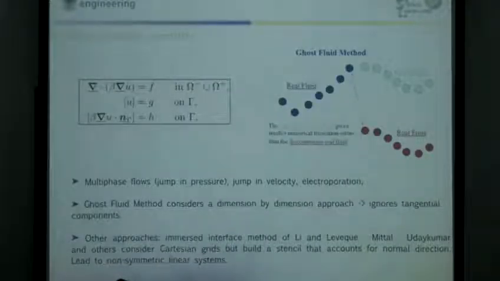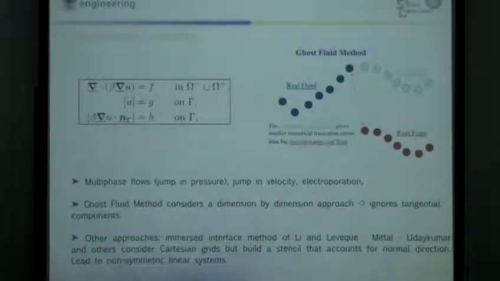All right, so the thing I want to talk about here is a little bit the Ghost Fluid, to revisit it. So the Ghost Fluid for the Poisson equation is, you solve Poisson, you have a jump in the solution and in the gradient, actually in the flux. And the idea of the Ghost Fluid is, you have one real fluid here, this is air, and you have water here, and you have a jump in between, for example, a jump of pressure.